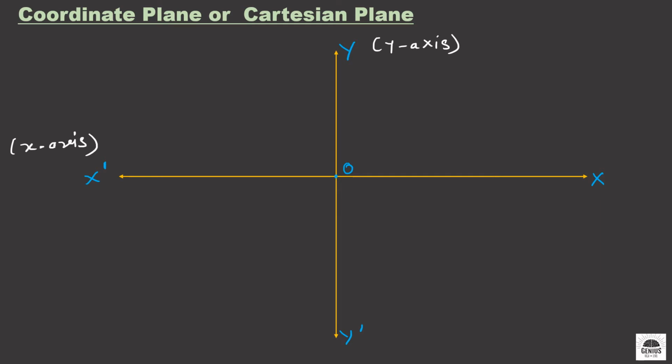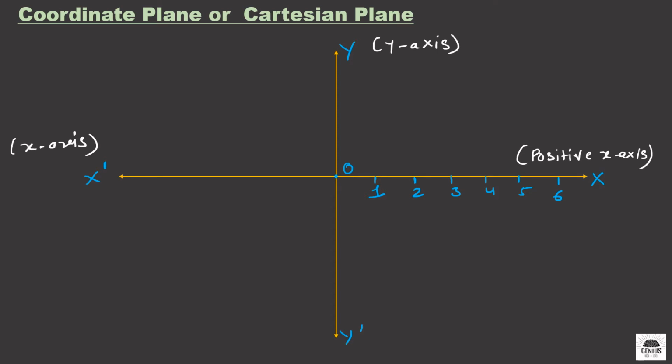OX and OY are known as the positive x-axis and positive y-axis because the positive numbers lie in this direction. So first we will mark positive numbers in the direction OX: 1, 2, 3, 4, 5, 6 and so on, and this axis is known as the positive x-axis.